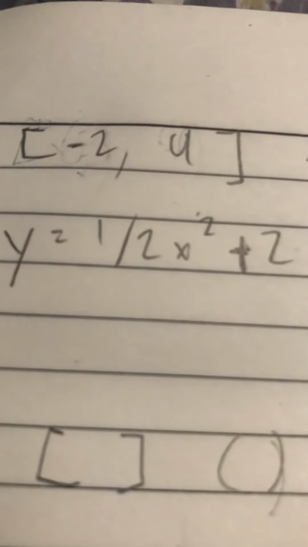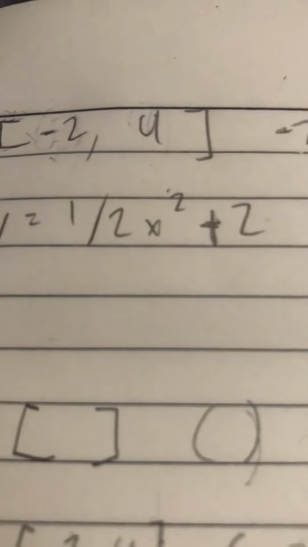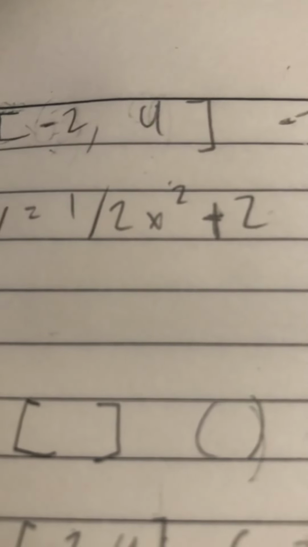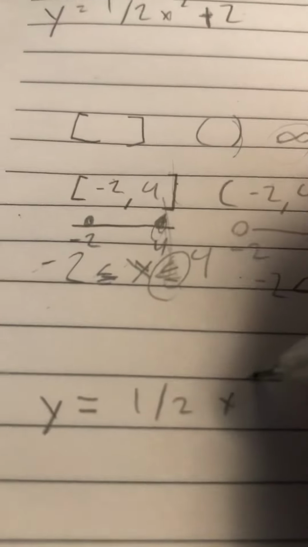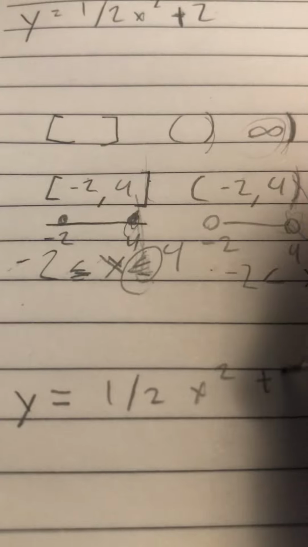So this is the equation, right? Y equals 1/2 x to the second plus 2. Right? So whenever you do math, you always start by rewriting the formula. It gets it in your head exactly what's going on.